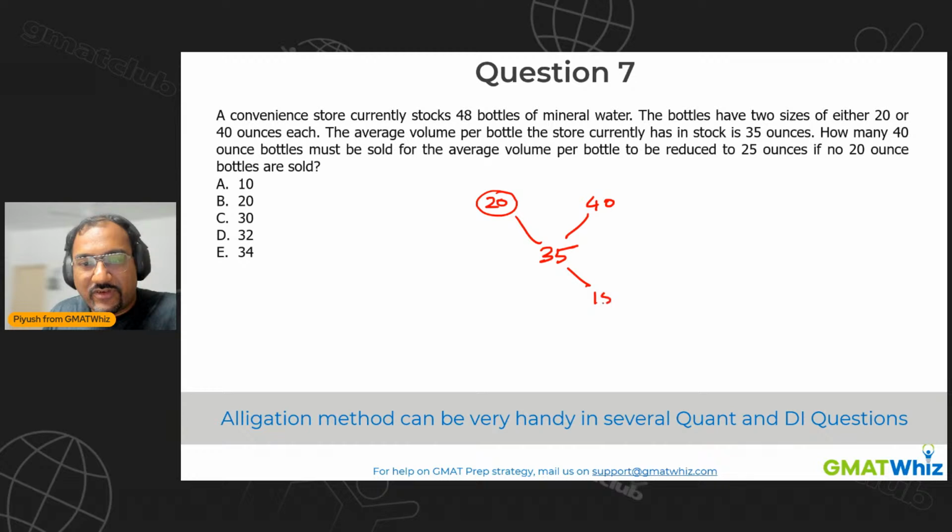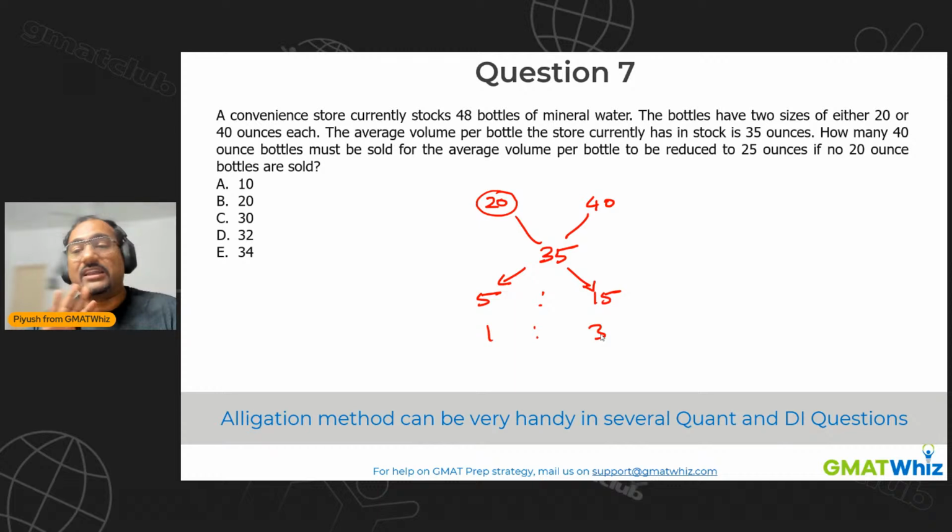So this difference is 15, and the difference between these two is 5. You just look at the difference. So the bottles should be mixed in the ratio of 5:15, which is 1:3.